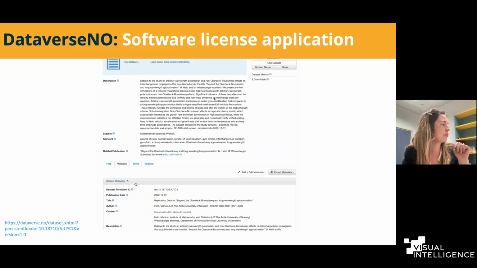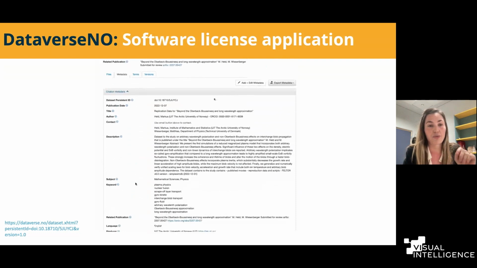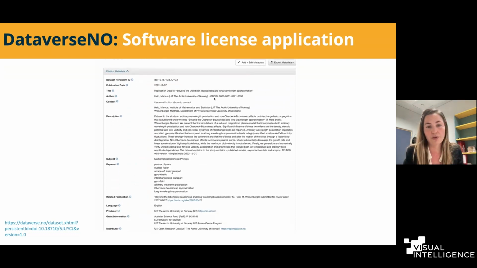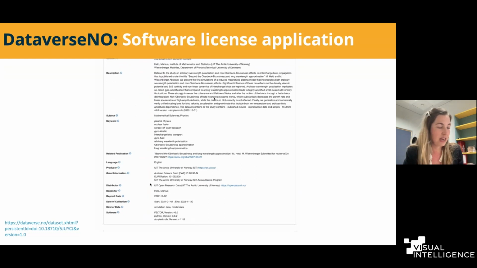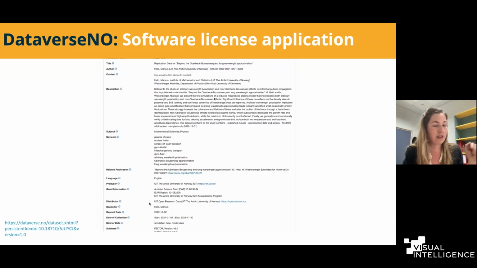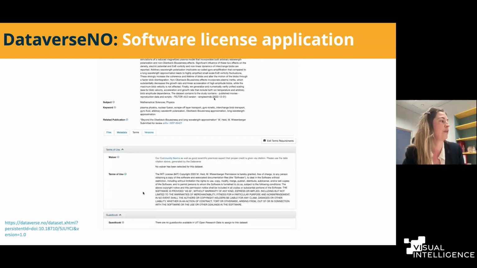Again, we have metadata, which the person has provided lots of nice rich metadata. But when we get to the terms, you're going to see that there is a different type of license applied. So here they tell you what kind of software they've used. In this case, it doesn't have the CC0 license.